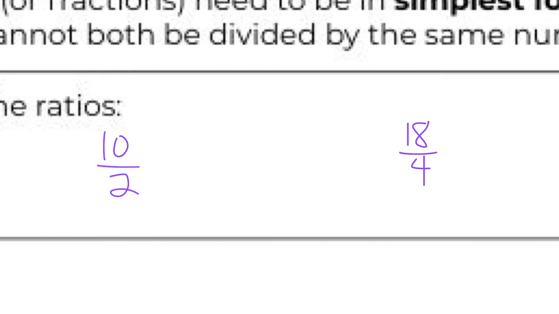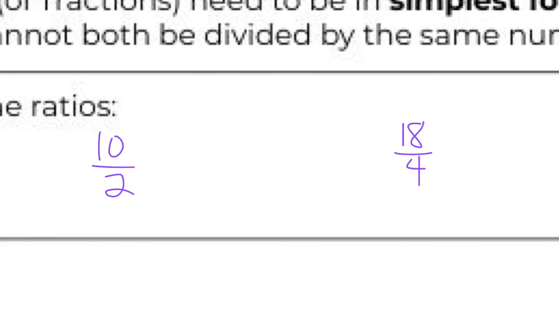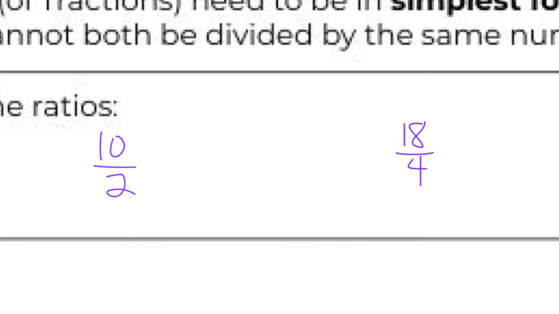Let's zoom over to that middle problem. And again, you could look at this, 10 and 2 are both even, so you could divide by 2. So if I take 10 divided by 2, I have to divide the denominator also by 2 to keep it equal. 10 divided by 2 is 5, and 2 divided by 2 is 1.